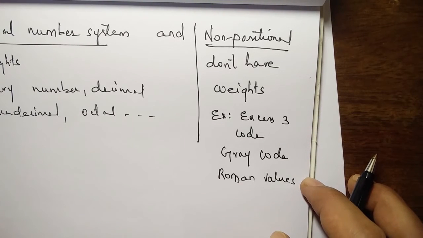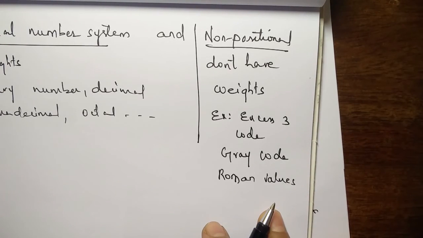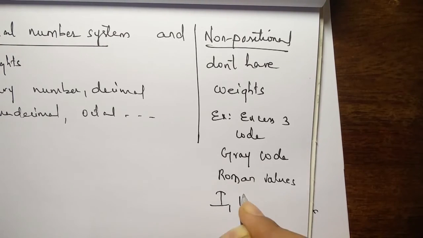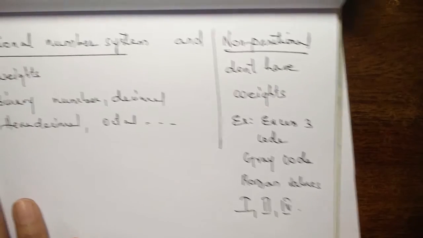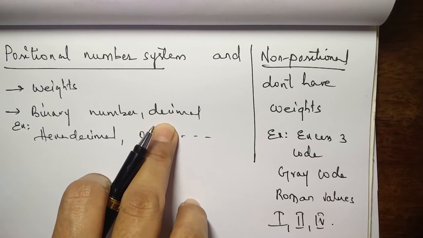Roman values are the best example of non-positional number system because you don't have 0 in Roman values. Roman value starts from capital letter I. So we don't give much importance to Roman values in our daily life. Most of the number systems we use in our daily life is the decimal number system.